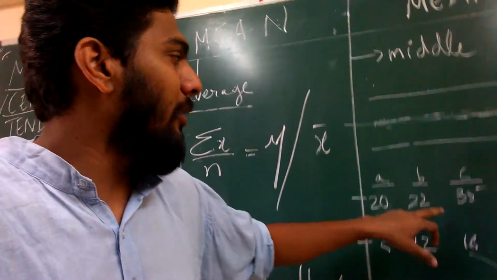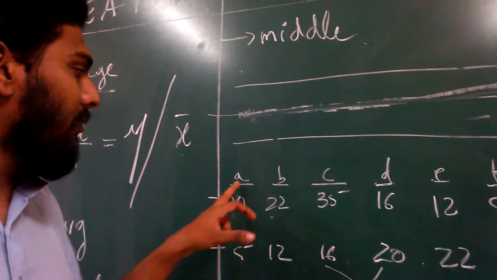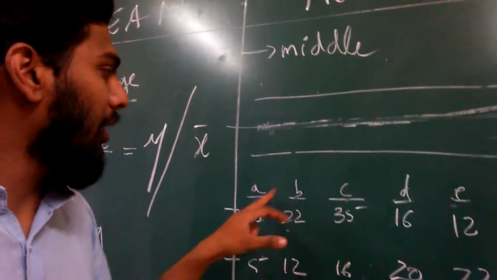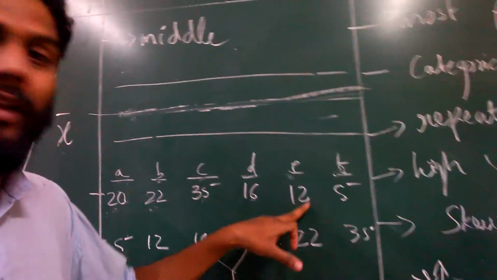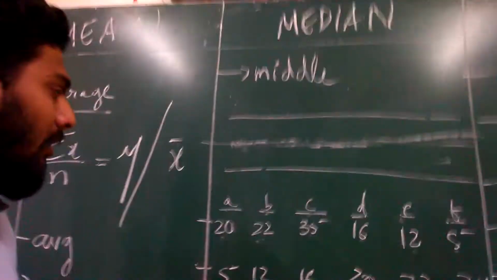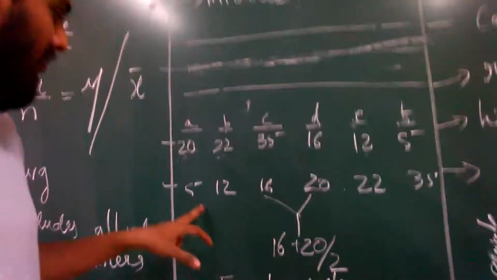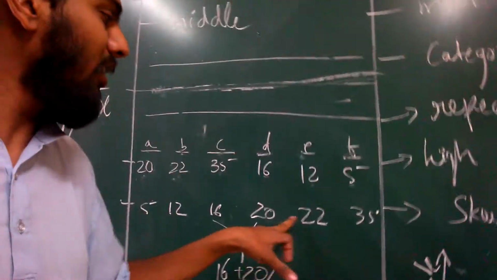I've taken this example to explain median to you all. I have 6 people that I have conducted my test on, A, B, C, D, E, and F, and all of their values are put here: 20, 22, 35, 16, 12, and 5. So I have 6 values. How do I get the median? I first rearrange this in ascending order: 5, 12, 16, 20, 22, 35.